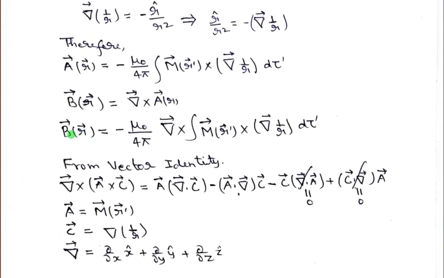We will get vector B at position r is equal to minus, this minus remains the same, so minus mu 0 upon 4 pi, and then the curl of the integral of magnetization vector M, which is a function of r prime, again cross product with gradient of 1 upon r, d tau prime. So it is the curl of something.